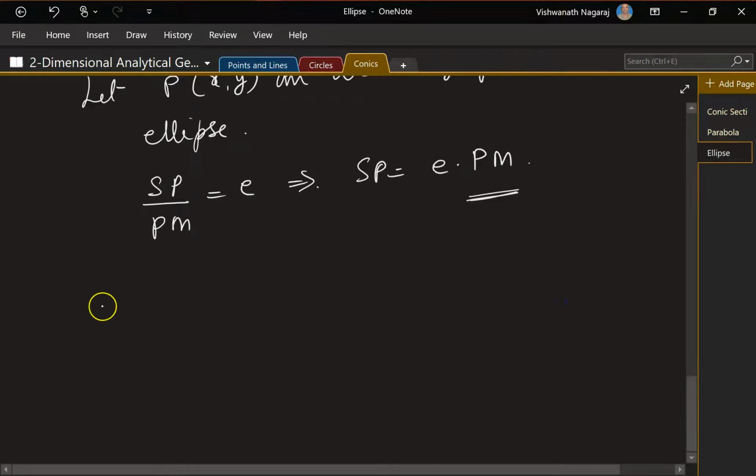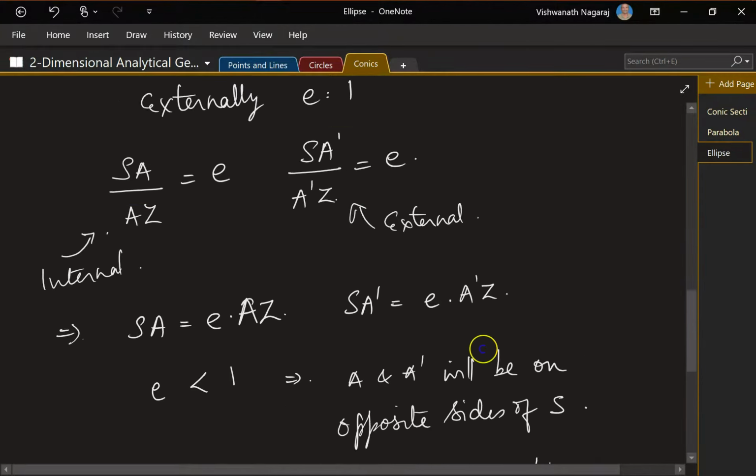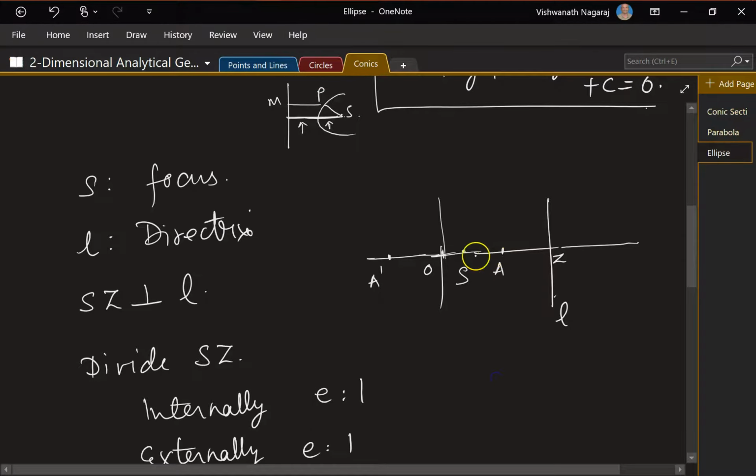And let's go back to our previous statements that we had arrived at. So SA is equal to E dot AZ and SA dash is equal to E dot A dash Z. Look at the drawing again. SA can be written as OA minus OS, right?